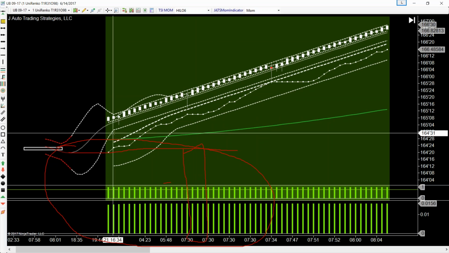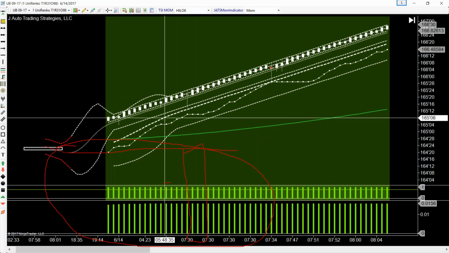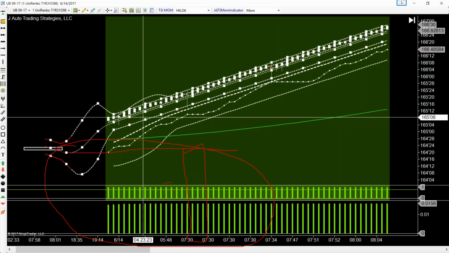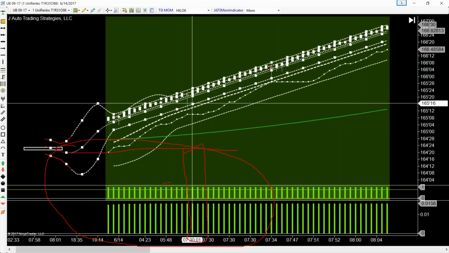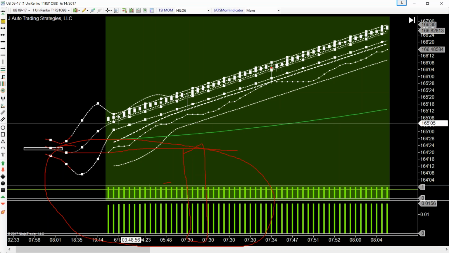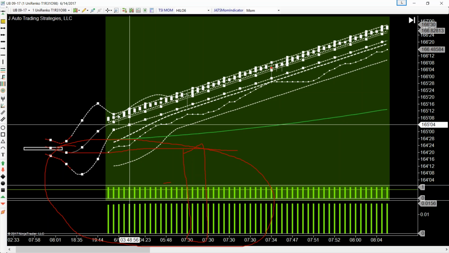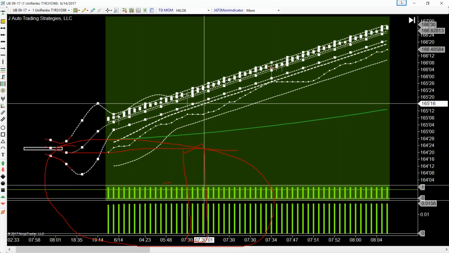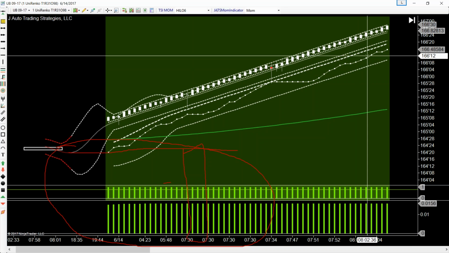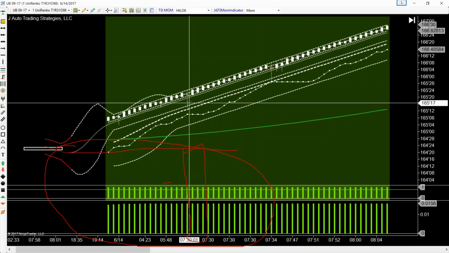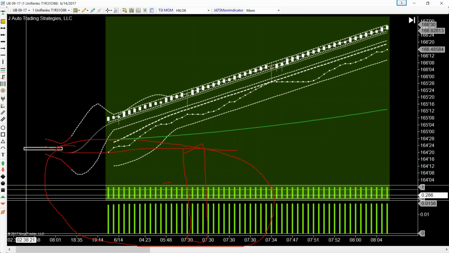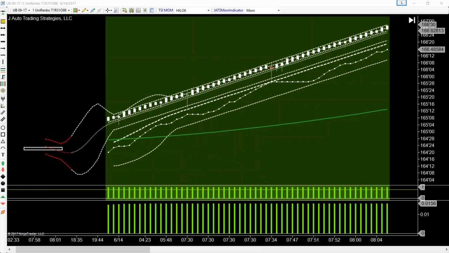And as you can see, price either gets back to the mid band or the lower band on a smaller time frame Bollinger. So I have two Bollinger bands in here. And so you can come up with a trade strategy very clearly and easily on these types of opportunity days. And I just wanted to point that out.